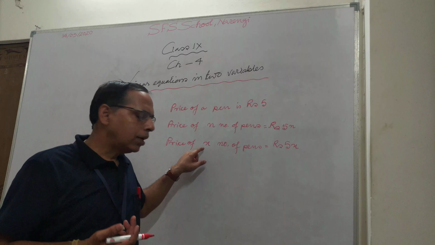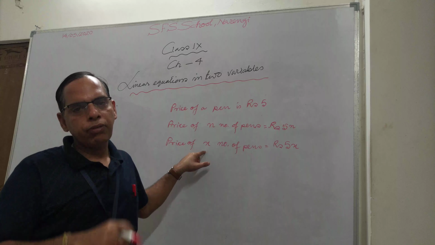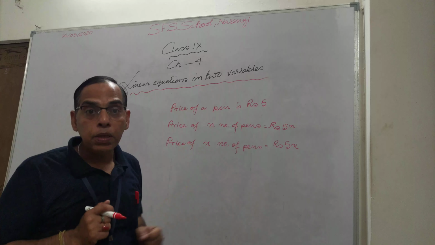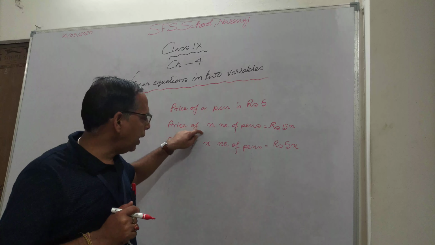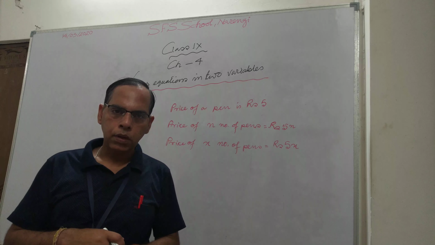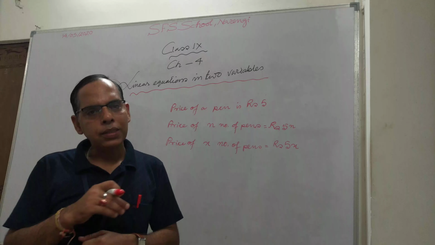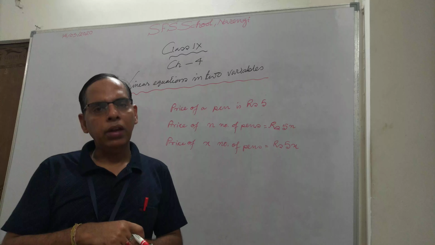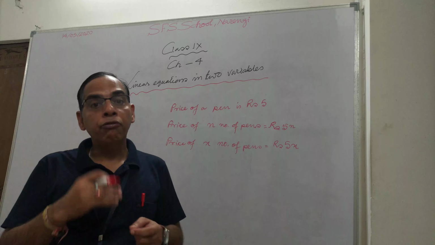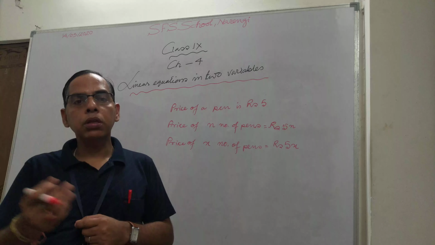If I say x is 100, then 100. If you say x is 500, then 500. That means this n and x can take any number of values, and that's the reason they are known as variables. They vary according to the need, according to the situation.